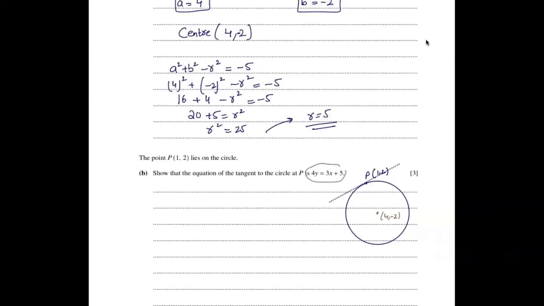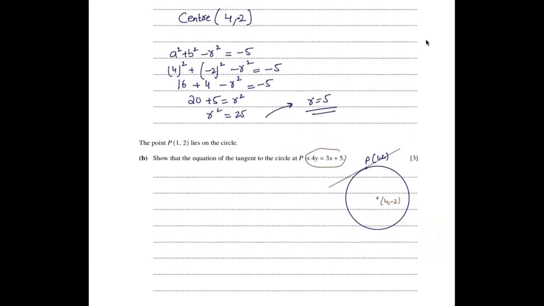Guys, to find the equation of the tangent to the circle, you agree that I'll be needing the gradient of the tangent? Okay. And the point. So I'll use y equals mx plus c or y minus y1 equals m times x minus x1 to get the equation of the tangent. But the question is, how do I get the gradient of the tangent? By using y2 minus y1 over x2 minus x1.